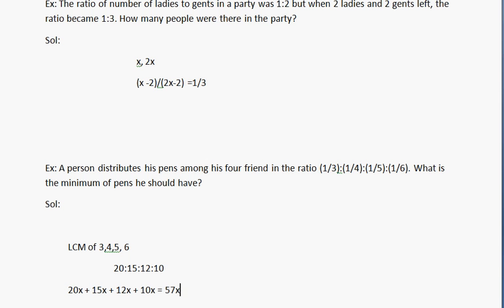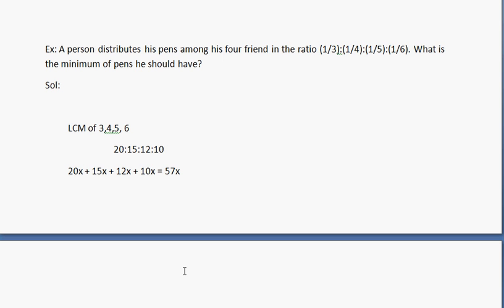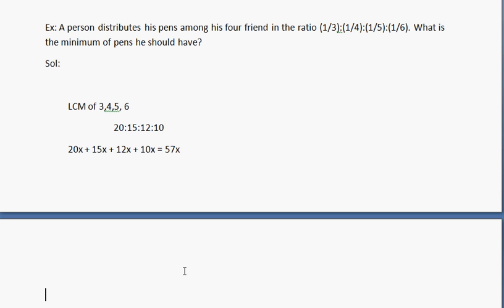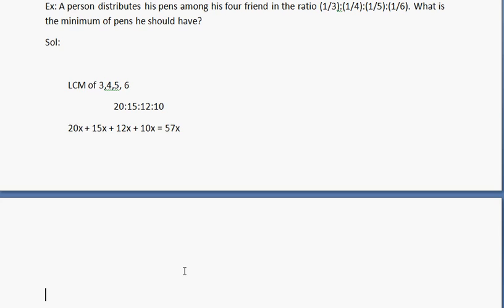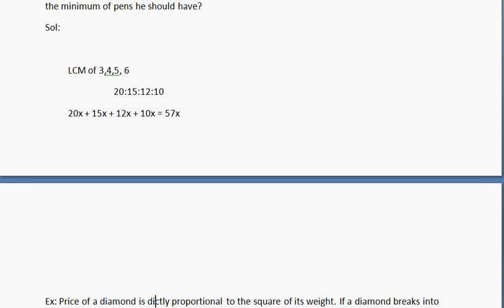So what should be the minimum number when x is equal to 1? So minimum is 57. So how to do it? Just convert these fractions into whole number ratio. And how to do it? Find the LCM of these denominators and multiply these fractions by that LCM to get whole numbers, right? So this is how we do this question. Very easy. Again, you just need to understand how to convert the fractions into whole numbers.